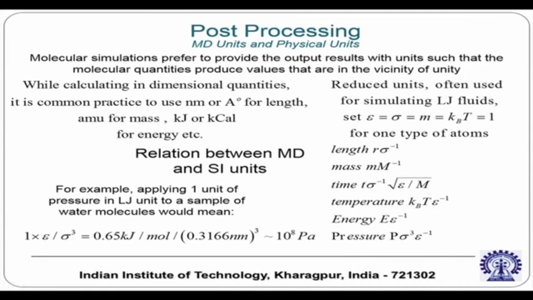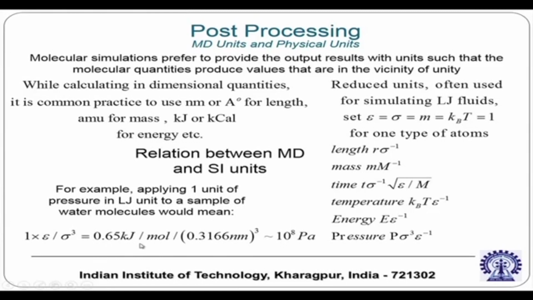So 1 unit of pressure has to be multiplied with epsilon by sigma cube to convert to the corresponding physical unit of pressure. So applying 1 unit of pressure in a Lennard-Jones unit in a sample of water molecules will mean that the actual physical pressure is 1 into epsilon by sigma cube.